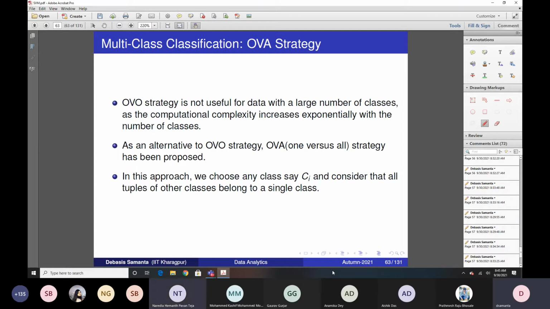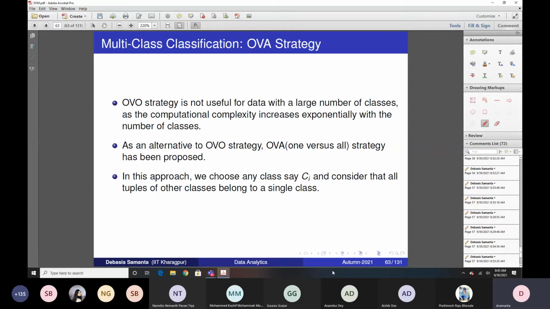If there are k classes, then according to this OVA strategy, we have to build only k classifiers. This is in contrast to kC2 classifiers. I repeat, if there are k classes in your training data, then according to the OVO strategy, kC2 hyperplanes need to be modeled.